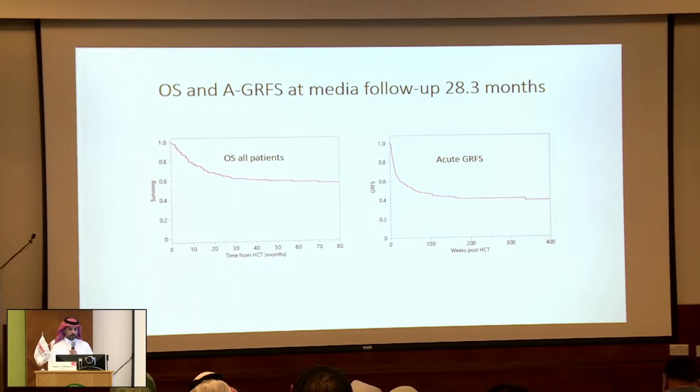And with a median follow-up of 28 months for the whole cohort, the overall survival of patients was around 60%, and the graft-versus-host disease-free, relapse-free survival, this was actually acute GVHD, it wasn't including the chronic, but as you can see here, it's reaching around 40% at 3 years.